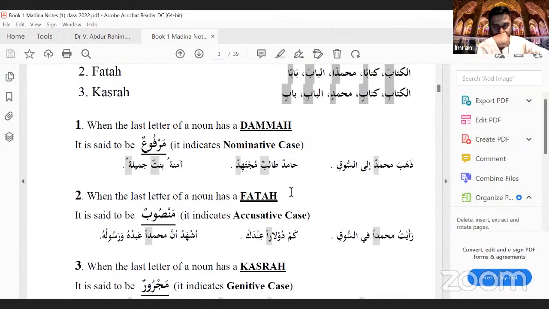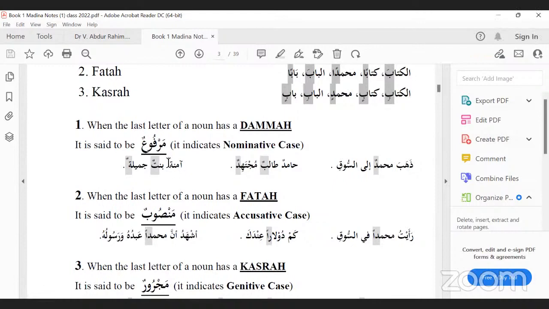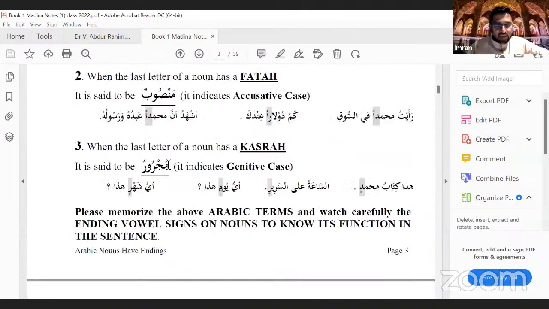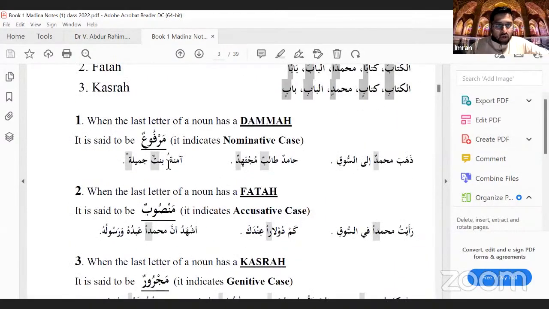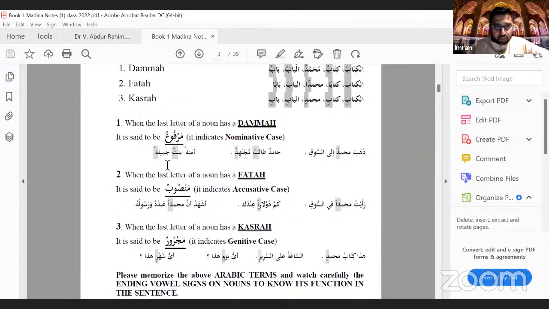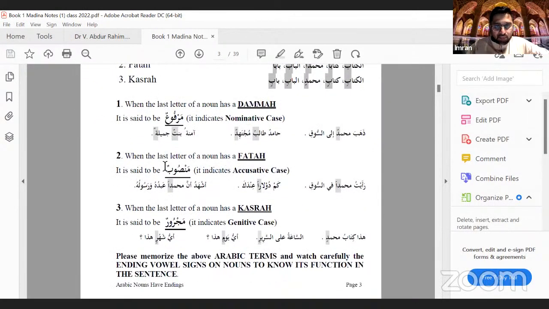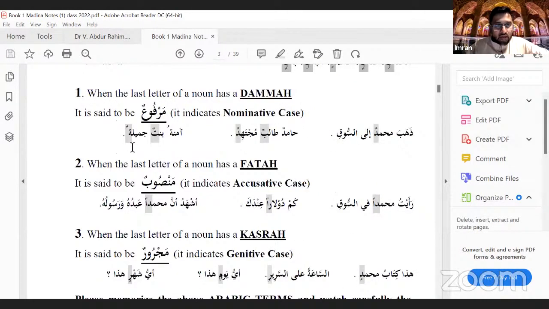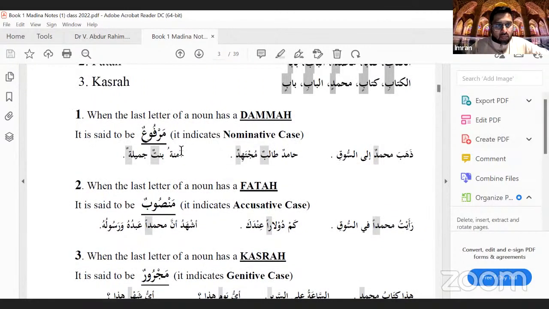What is this page number? This is not from the book. This is from another handout. When a noun ends with a dhamma or dhamma tanween, it's called halatul raf, marfu.